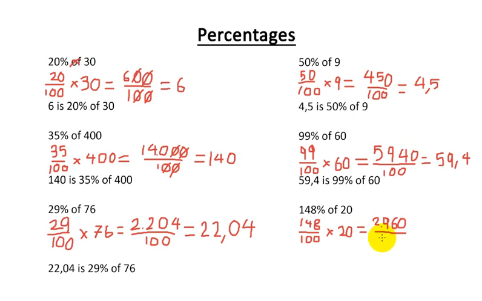Yeah, over 100. And if I did 2,960 divided by 100, I'd get 29.6. So my answer should be 29.6 is 148% of 20.